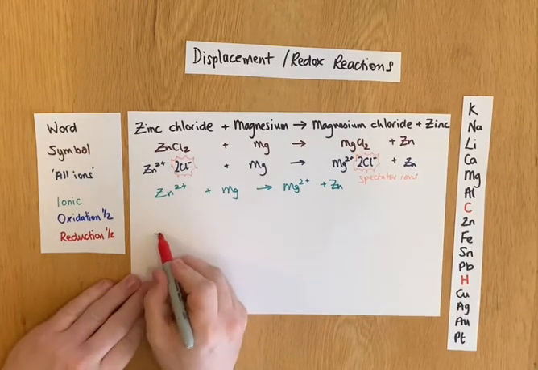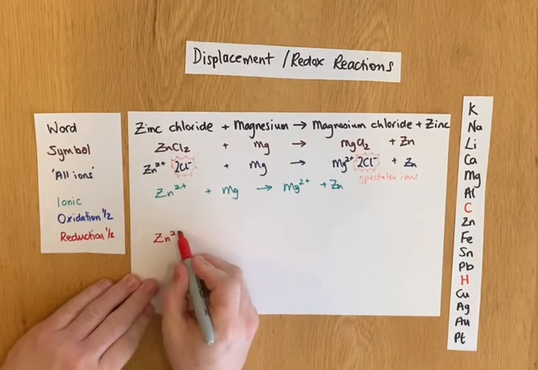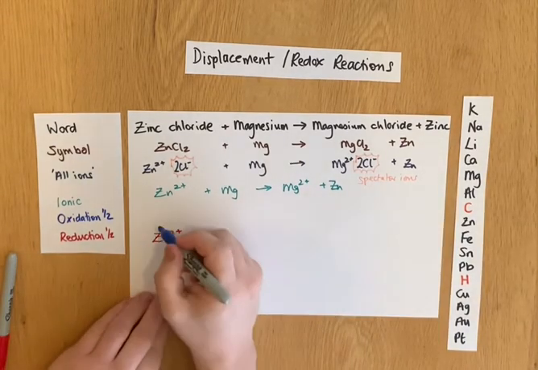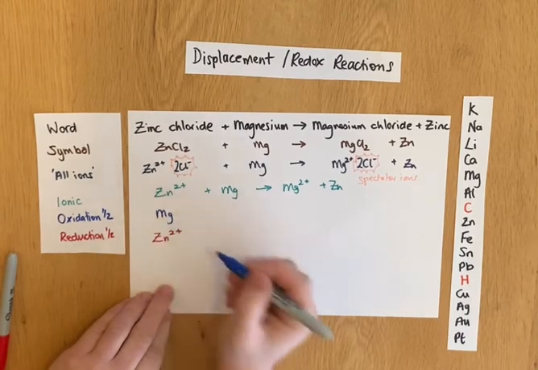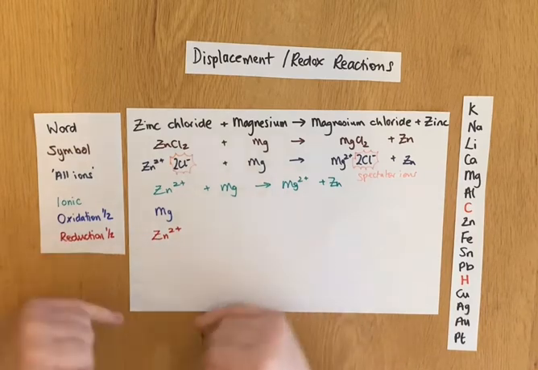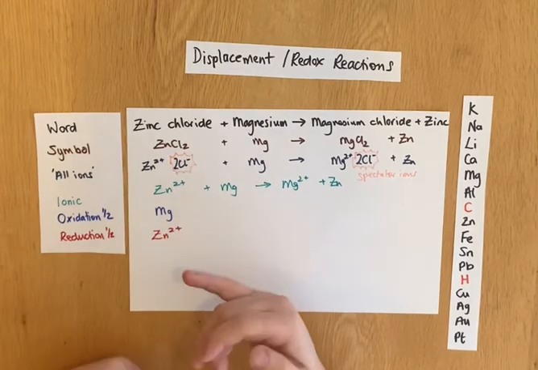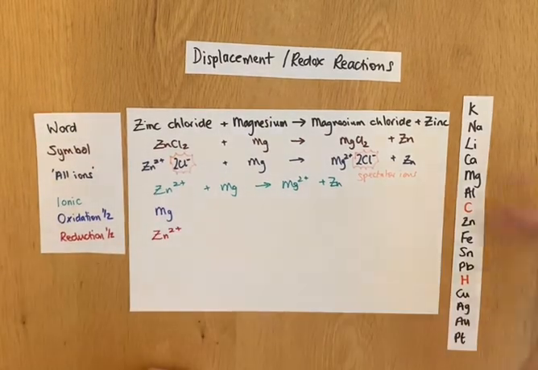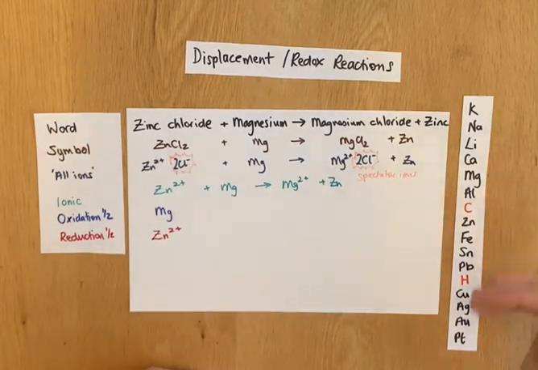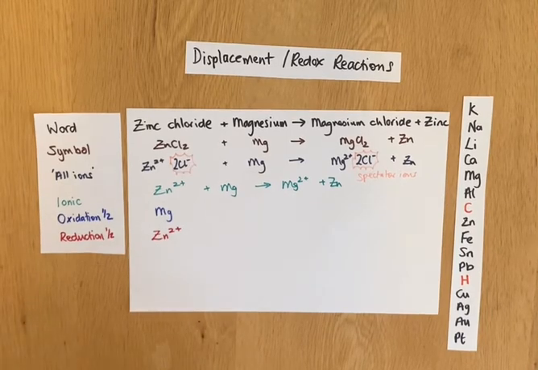The half equation about zinc will be the reduction half equation, and the half equation about magnesium will be my oxidation half equation. I know that magnesium will be oxidized in this reaction because it's higher in the reactivity series, and I know that zinc ions will be reduced because zinc is lower in the reactivity series. Let's finish off these half equations.